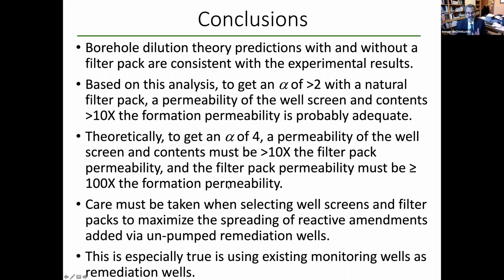So you have to be very careful in selecting your well screens and filter packs to maximize the spreading of the reactive amendments so you can minimize the number of unpumped wells that you need to have across your plume. Typical monitoring well screens at 0.01 and 0.02 inch slots are probably not going to work very well. So when you're reusing existing monitoring wells, you really have to be careful. And with that, I'll stop.